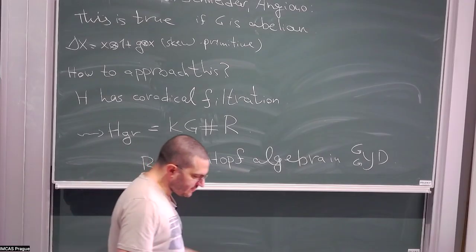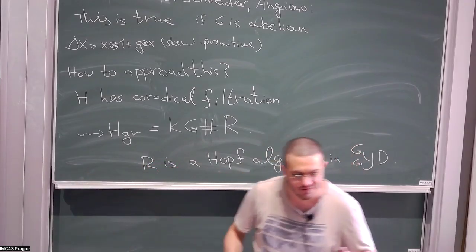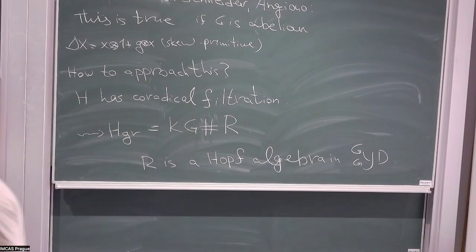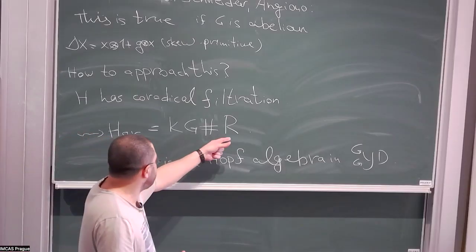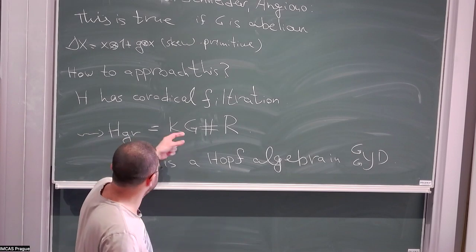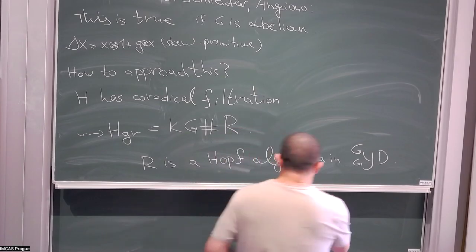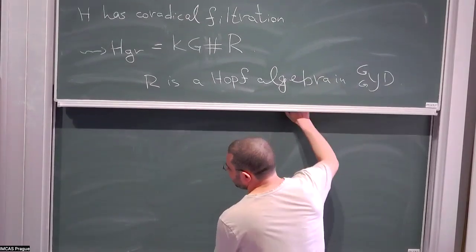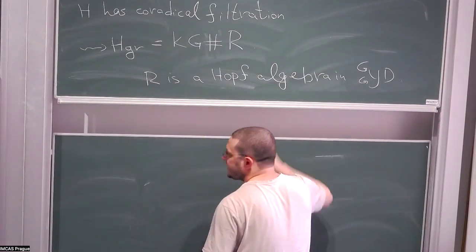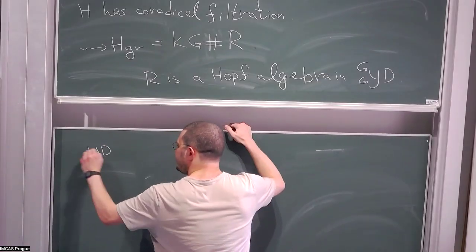Okay, so the idea is to use this filtration. This filtration exists for all algebras, but in the case of a pointed Hopf algebra, we also know that it will give us a filtration of Hopf algebras, in the sense that the associated graded object is again a Hopf algebra. We know that it has a very particular form, a bosonization of kG with some Hopf algebra in the Yetter-Drinfeld category. Let's just say what specifically the Yetter-Drinfeld category is.